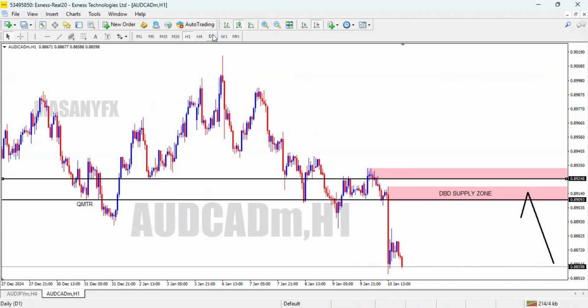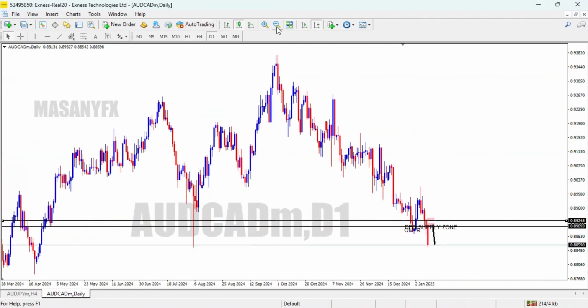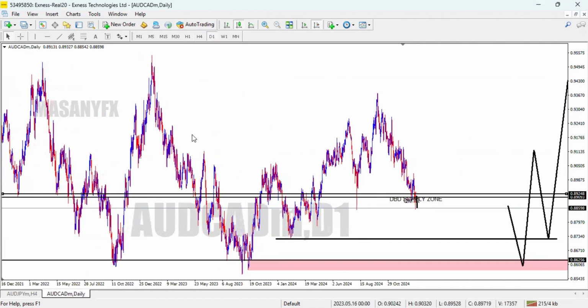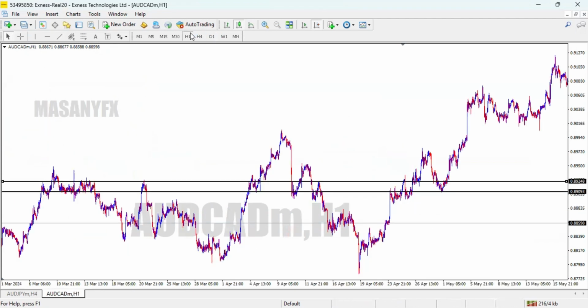So yeah, the setup is this one, but you cannot just wait for it to come here. We need to make some money here. As you can see, there's a significant support resistance here, which means the price needs to come back here and drop again. And the price needs to be balanced.